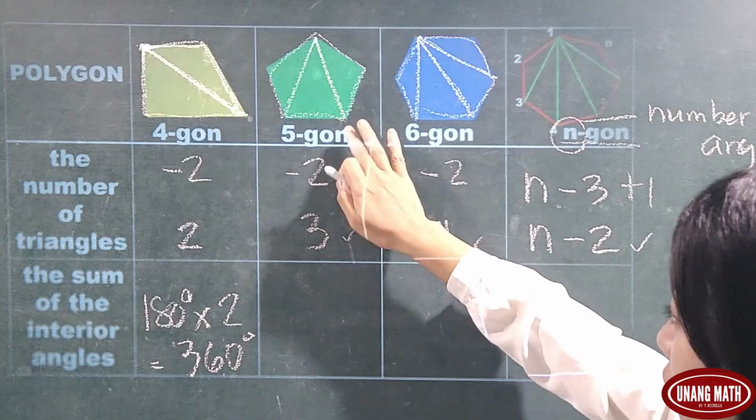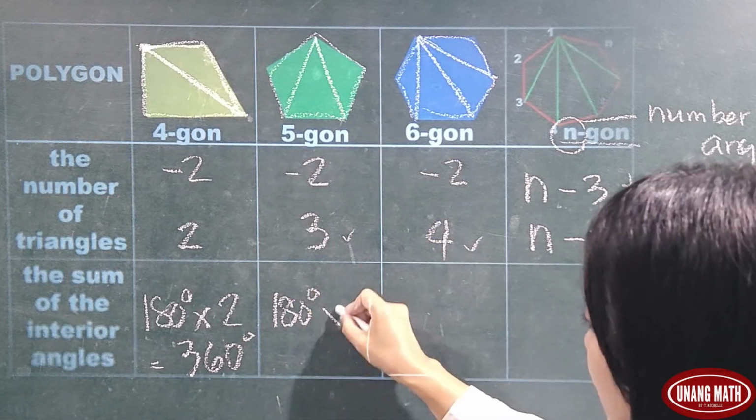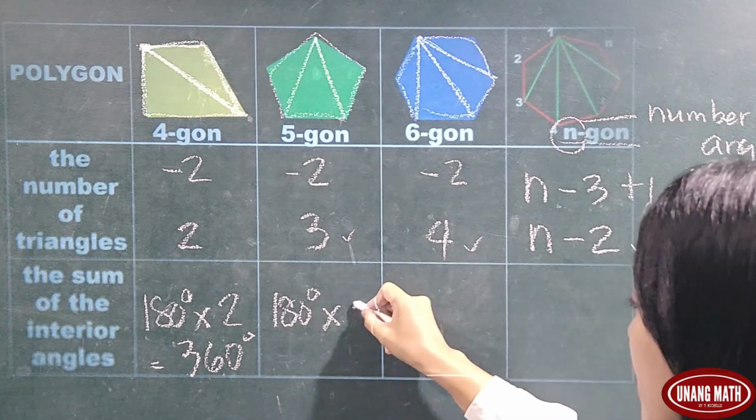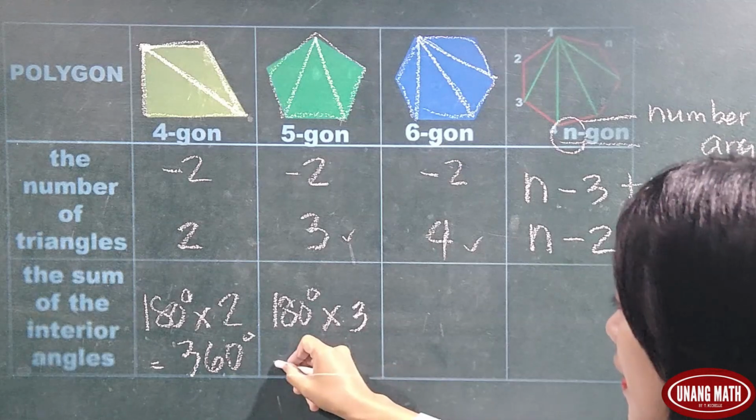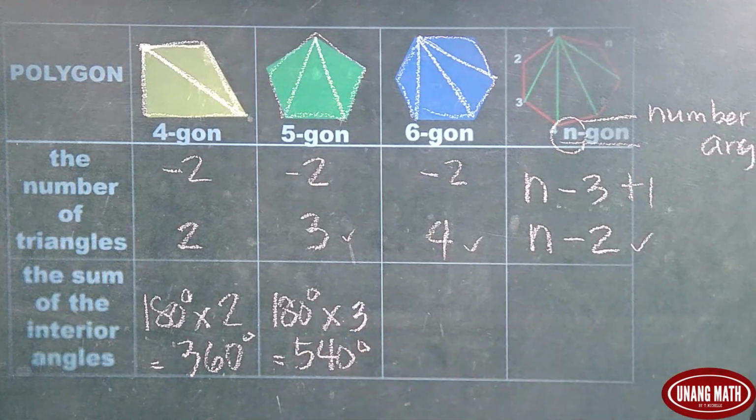Okay, what about for fivegon? One triangle is 180 degrees and there are 3 triangles. So 180 degrees times 3. Then this is equal to 540 degrees.